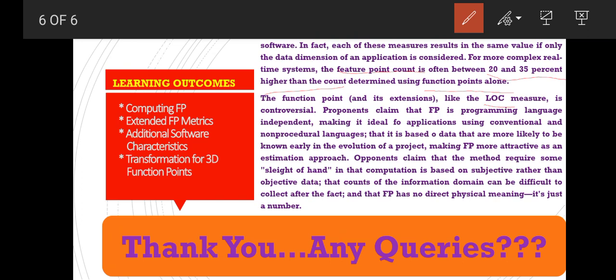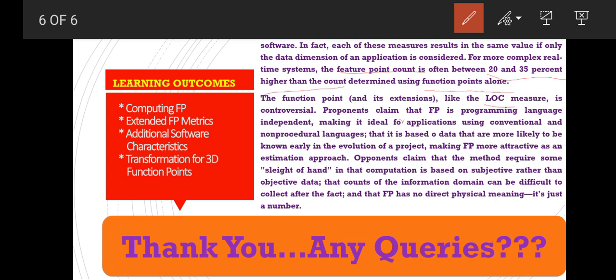Proponents claim that FP is programming language independent, making it ideal for applications using conventional and non-procedural languages.